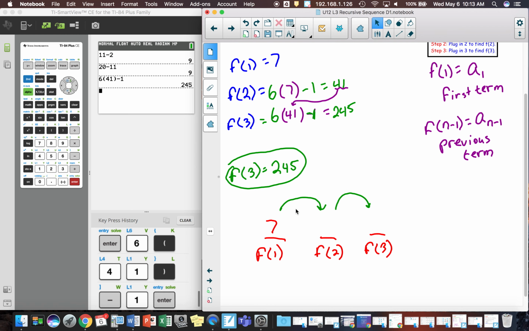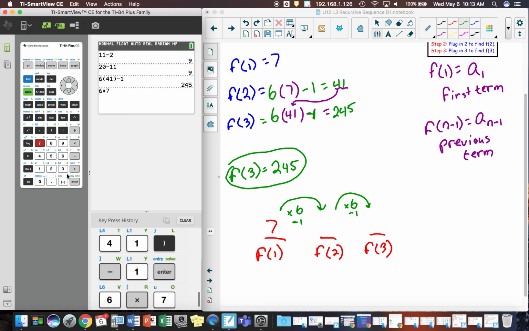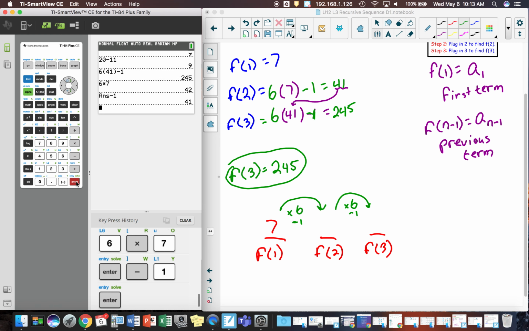So my 2 rules, we're going to multiply by 6. And then we're going to subtract 1. So we're just going to follow that same rule all throughout. So multiply by 6, and then subtract 1. Alright, so if we follow this, 6 times 7 is 42, minus 1 is 41.